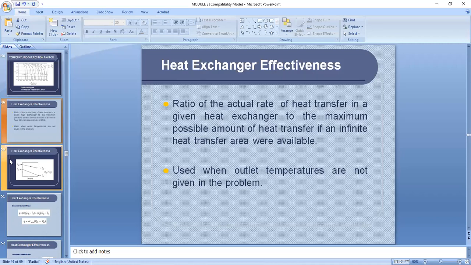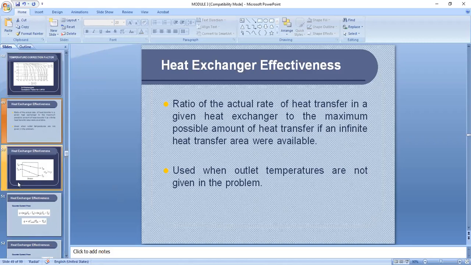It is the ratio of the actual rate of heat transfer in a given heat exchanger to the maximum possible amount of heat transfer if an infinite heat transfer area were available. So, actual amount of heat transferred divided by the maximum amount of heat transfer if there is no limitation in design in terms of the available area for heat to transfer through. So that is your effectiveness as defined.